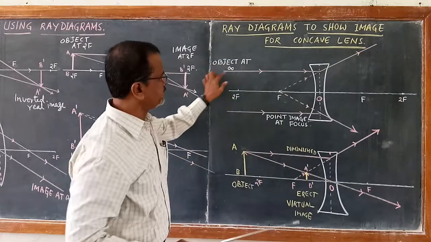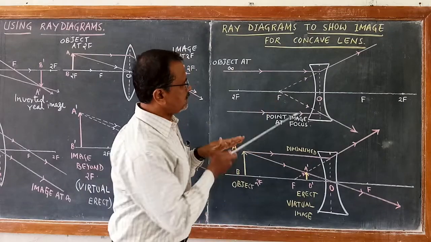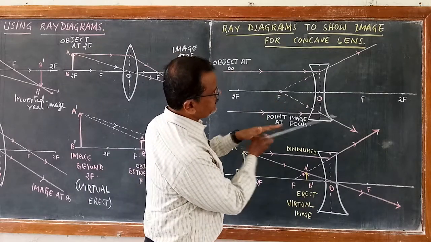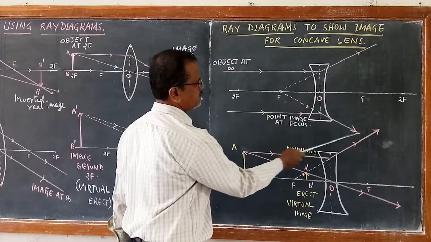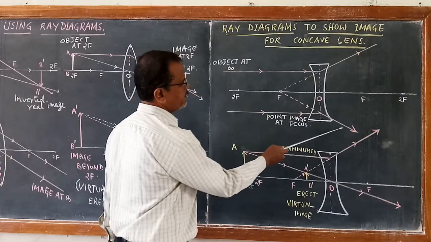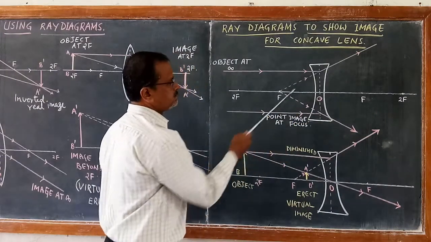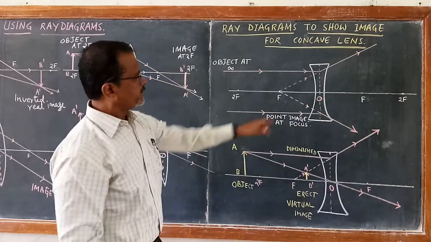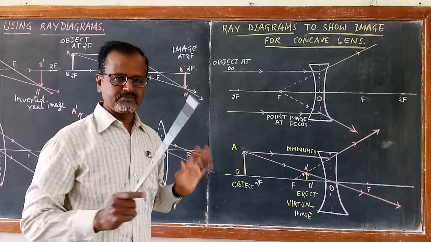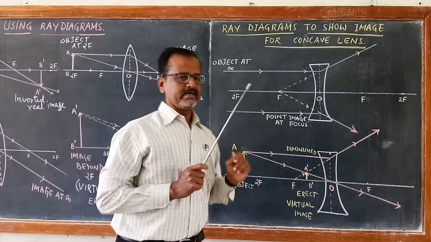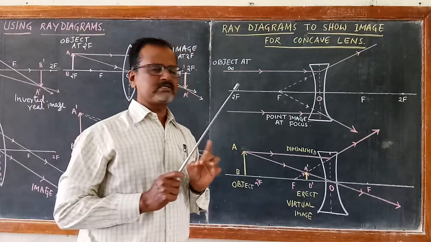I have taken 2 parallel rays. After refraction, they diverge away. But when you produce them back, interestingly, they appear to originate from a point. That point is nothing but the focus of the concave lens.